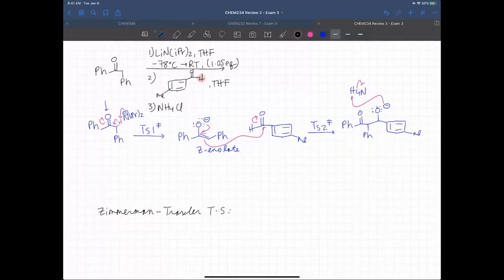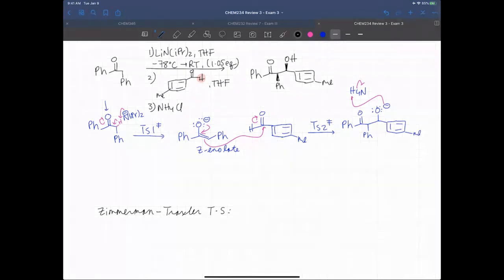Because we had a Z alkene, right? So that was a big R group, Z alkene, and therefore a syn product. You could write the enantiomer as well.